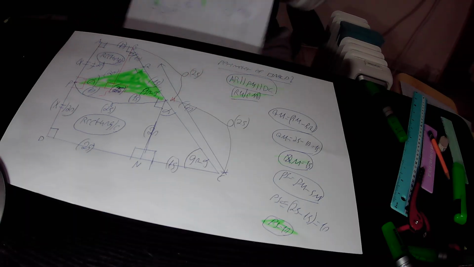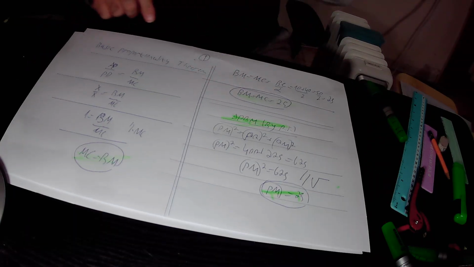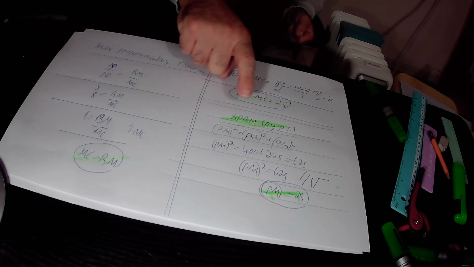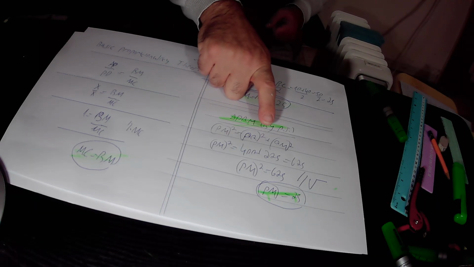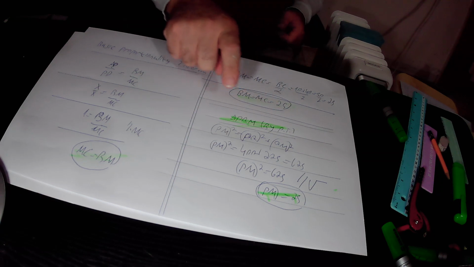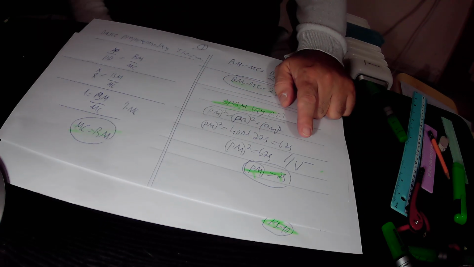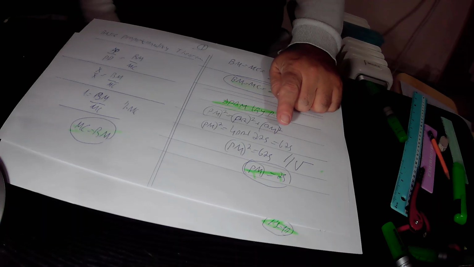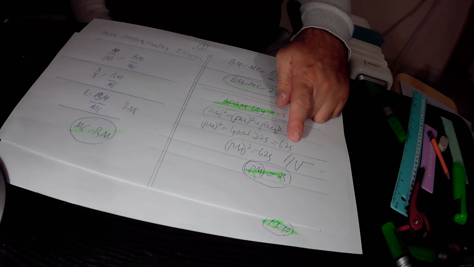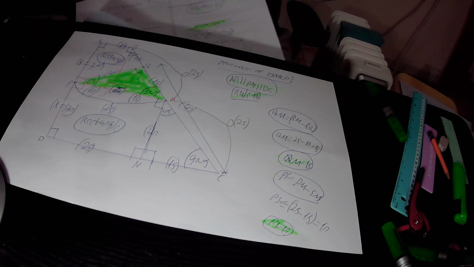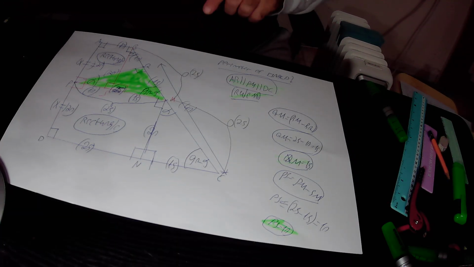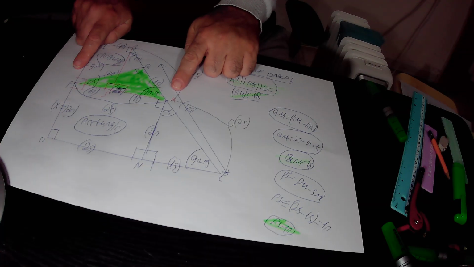So PM squared equals 400 plus 225, that is 625. Taking the square root, the missing hypotenuse PM equals the square root of 625, that is 25 units.